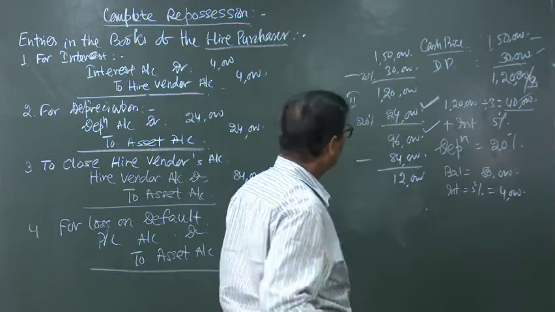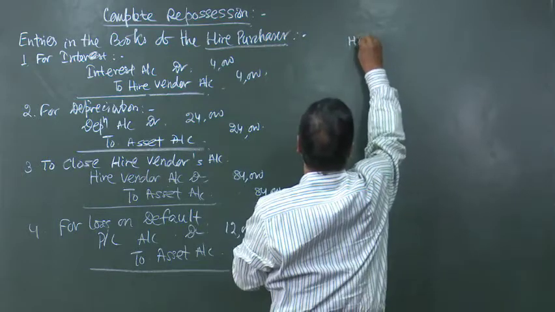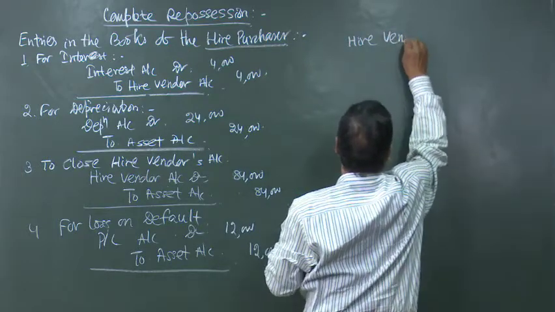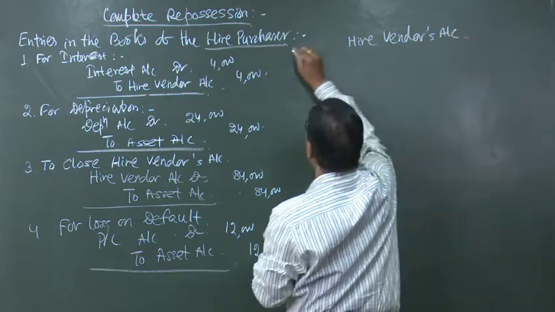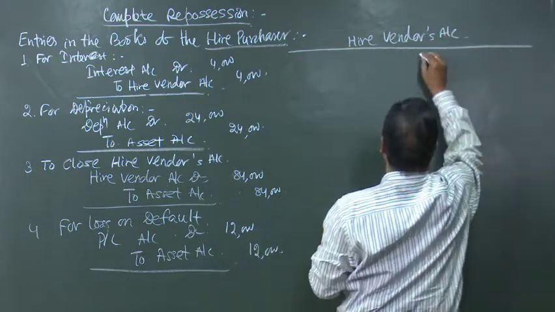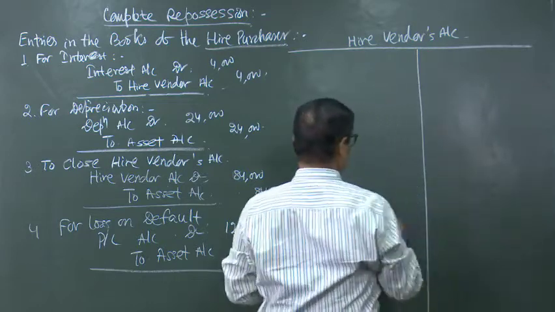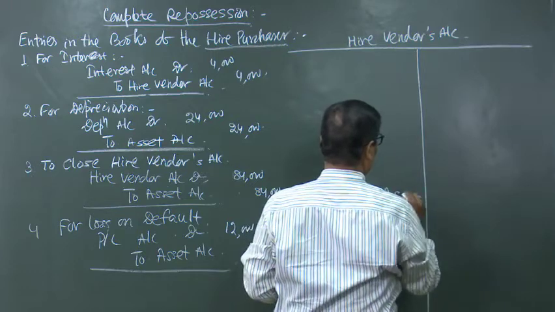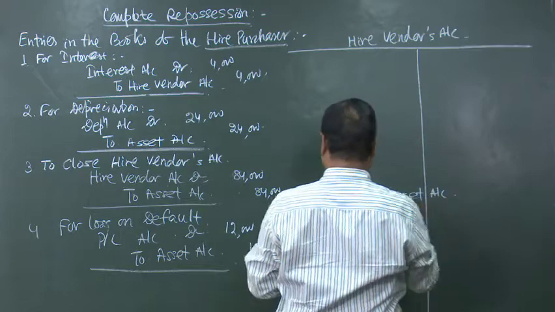Now, let us come to the ledger accounts, in the books of the hire purchaser. So, hire vendor account, and then asset account or motor car account, you can write either.